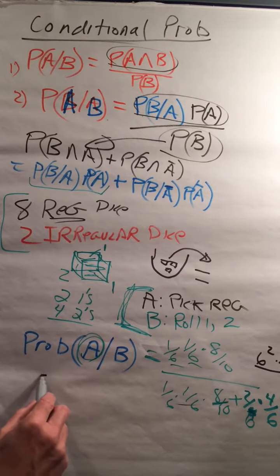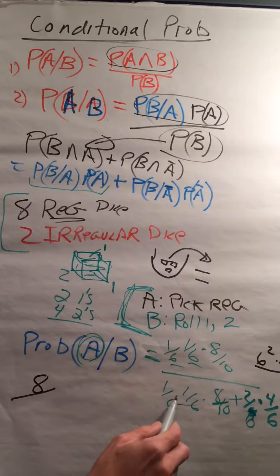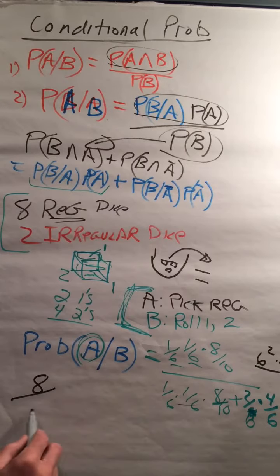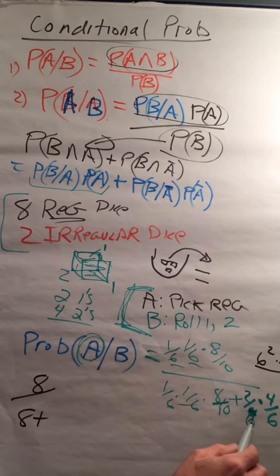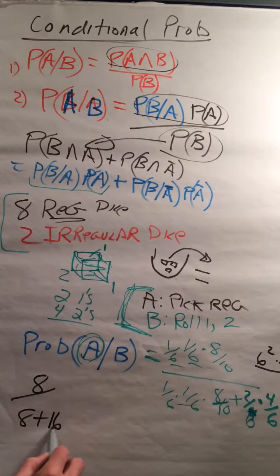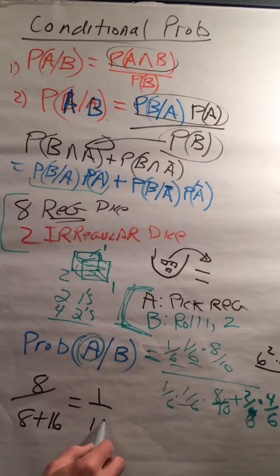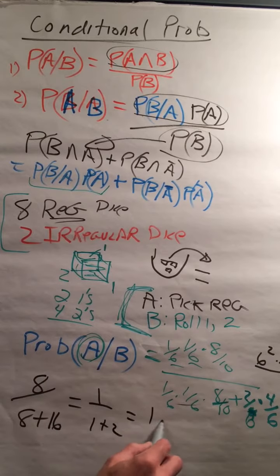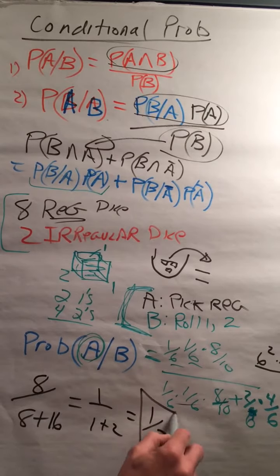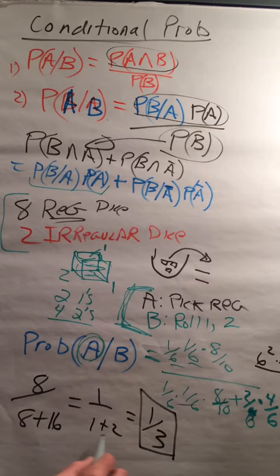So that gives you, on the top, 8, and on the bottom, 8 plus 2 times 4 times 2, which is 16. Multiply top and bottom by 1/8, and you get 1/(1 plus 2), which is equal to 1/3. So that's the probability of A given B using the formulas.